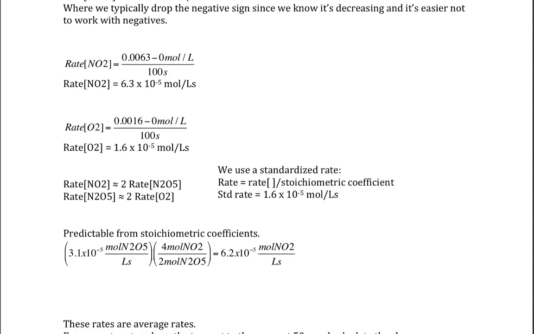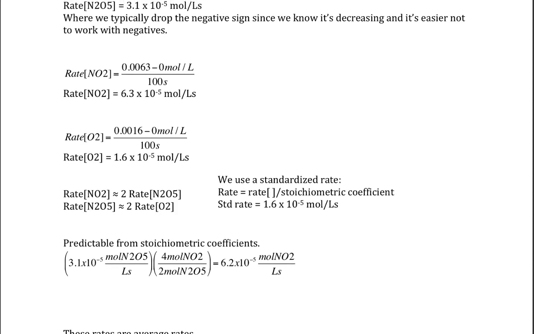We could predict, if we have the rate of the N2O5 being this 3.1 times 10 to the minus 5 moles per liter second, and we want to calculate from it the rate, for example, of the NO2, then we could do it as we see here, predictable from stoichiometric coefficients.